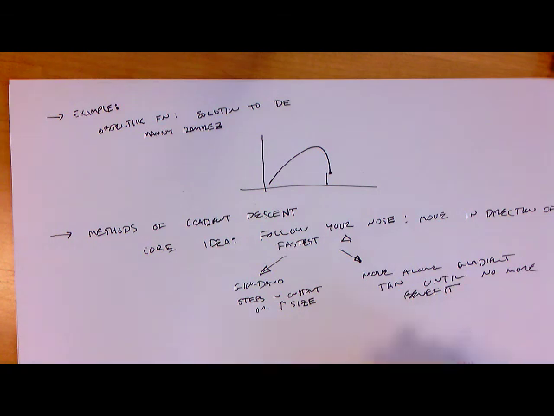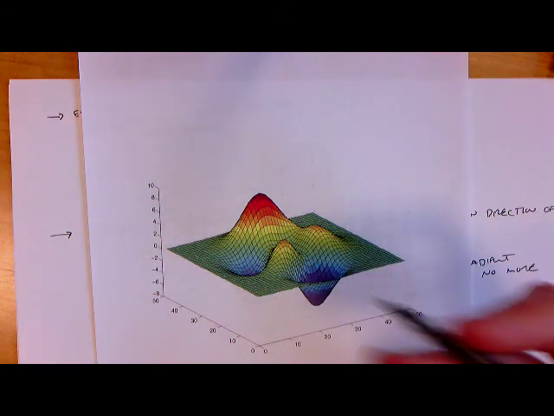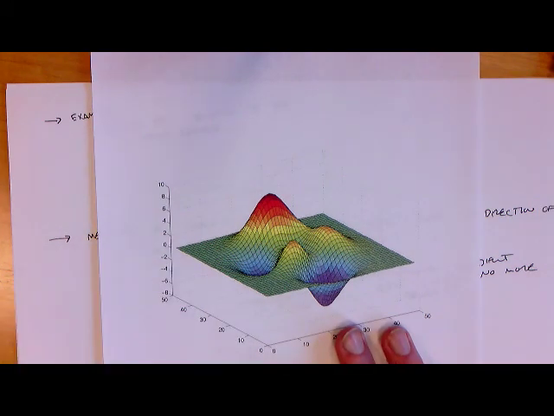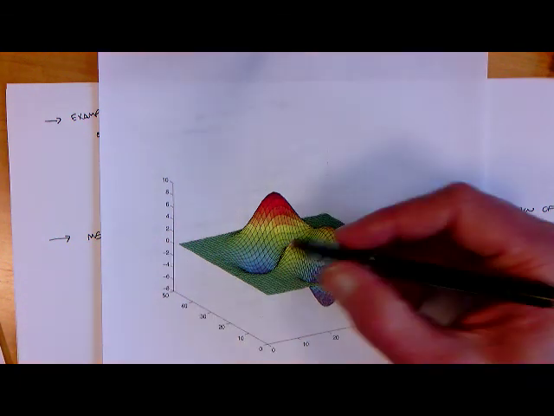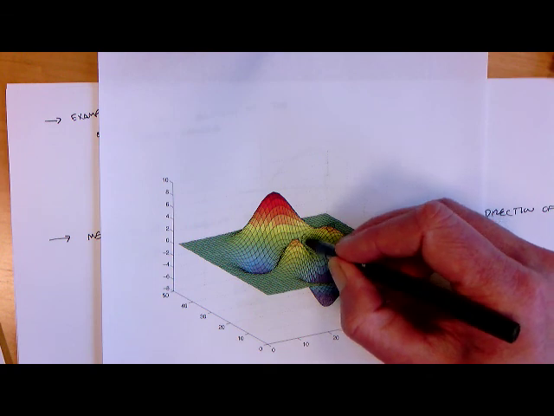All right, so I first want to start with just showing you the function that we're going to use. This is a very popular function from MATLAB called peaks. It's nice because it has peaks, so it's handy. I show you the function this way first so that when we look at a contour of it, you know what you're seeing. You'll notice there is a peak right here. There's another peak here. There's a little valley located in here.